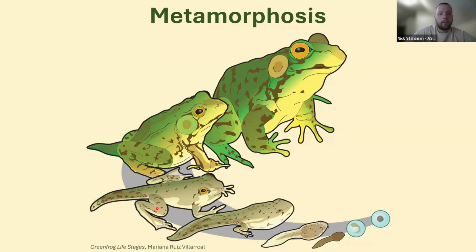But at this point, we have four limbs, then we have a young frog, and finally an adult frog. In most frogs, it's around 14 weeks that they stay as a tadpole, but there are definitely some that stay much longer. For instance, bullfrogs can stay as tadpoles. They'll overwinter, usually at least 1 year, but for some it takes 3 or 4 years before they're finally ready to transform.